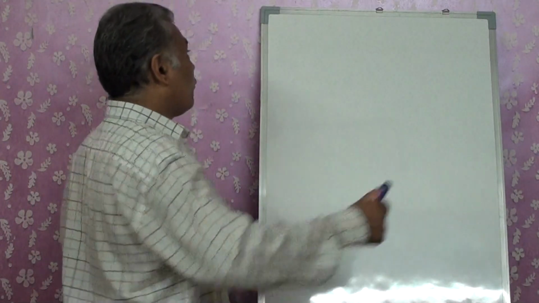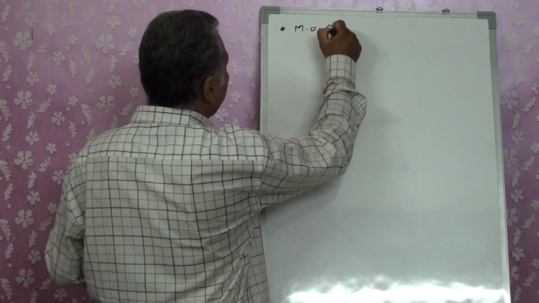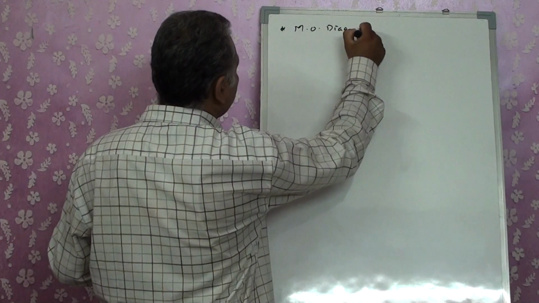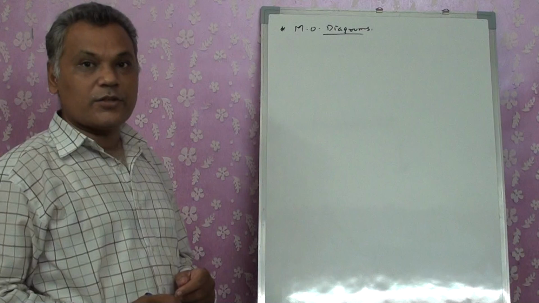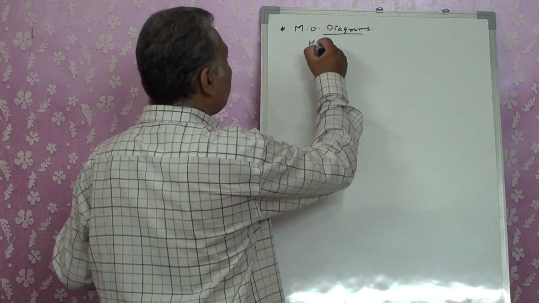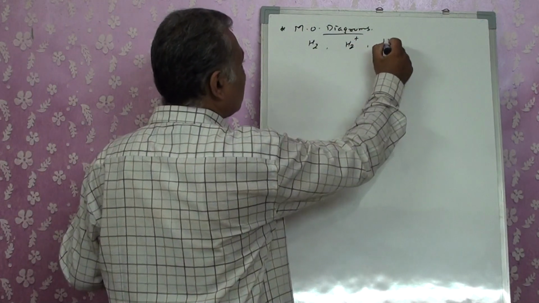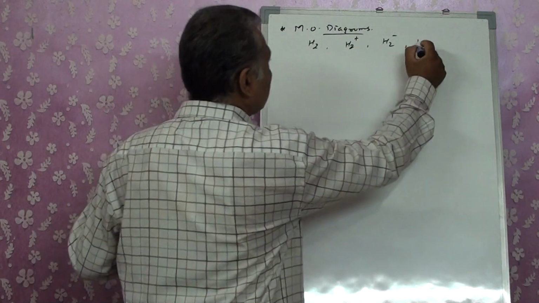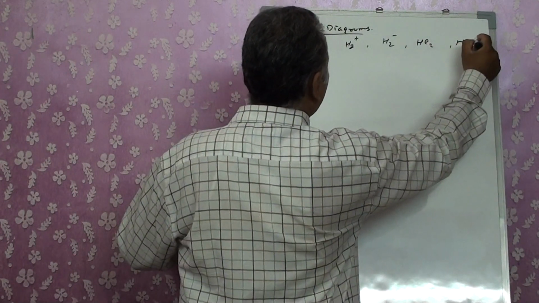Now, for the MO diagrams, I am making a list of the diagrams that we will come across. We will have to study H2, H2 plus, H2 minus, He2, He2 plus.